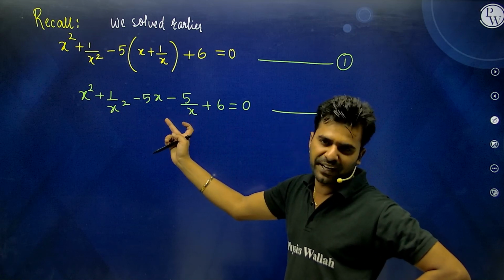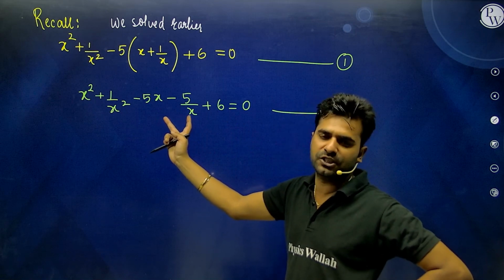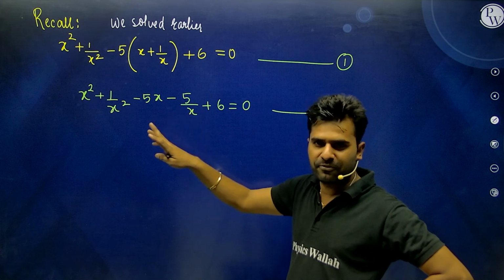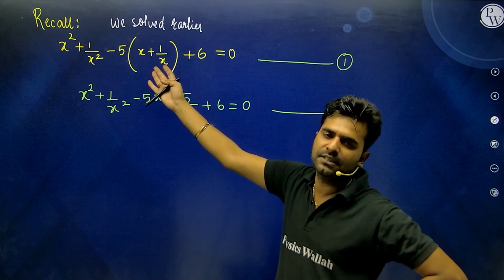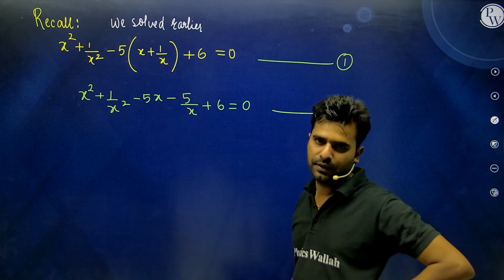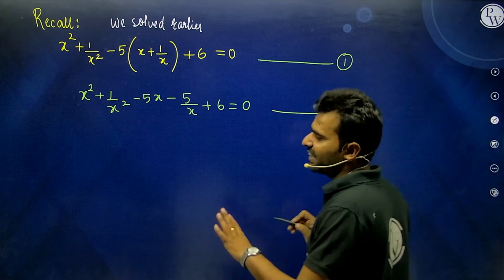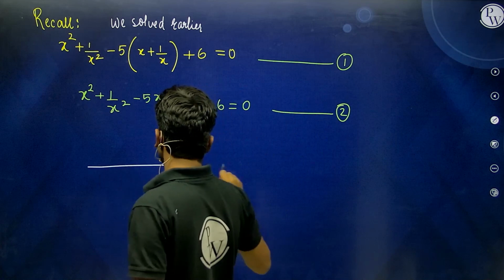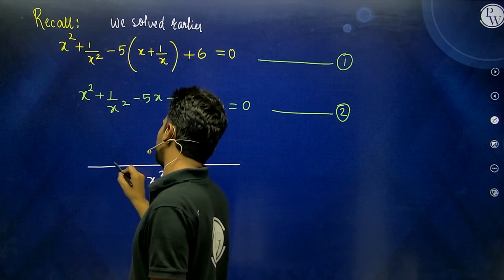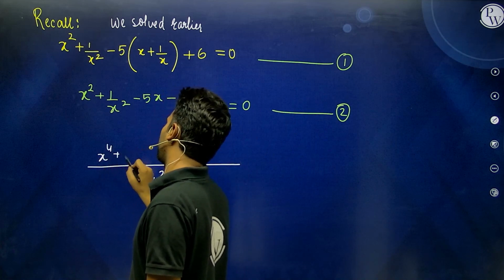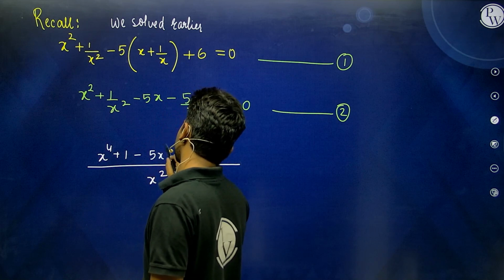Here minus 5 is common, so take this minus 5 common first. Then the problem becomes like this, and you know how to solve a problem like this. If I take the LCM, the LCM is going to be x square, and the moment you take the LCM, the problem becomes like this.